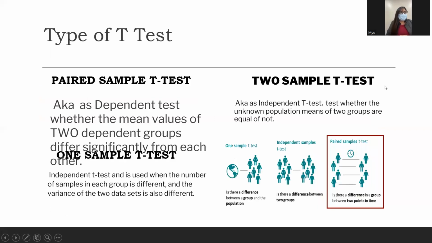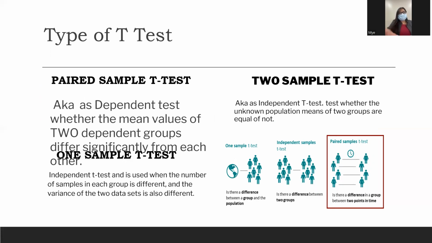There are three types of t-test: paired sample t-test, two sample t-test, and one sample t-test. The paired sample t-test is also known as the dependent t-test. This test checks whether the mean values of two dependent groups differ significantly from each other.